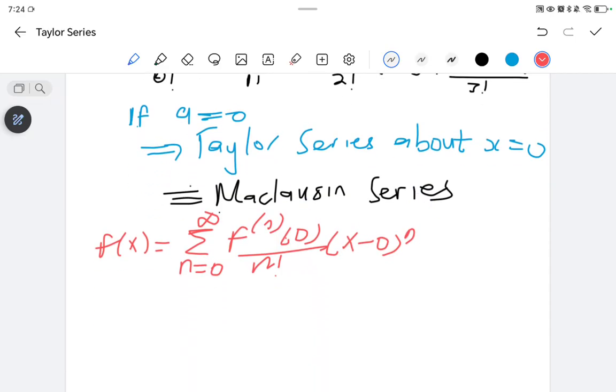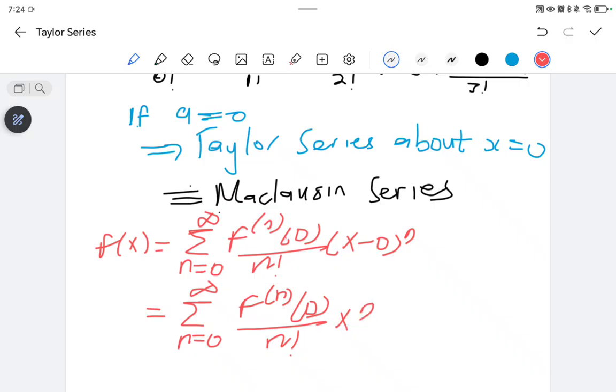This is x to the n. That would be our Maclaurin series. So now we know what is Taylor series, and we know what is Maclaurin series, right?